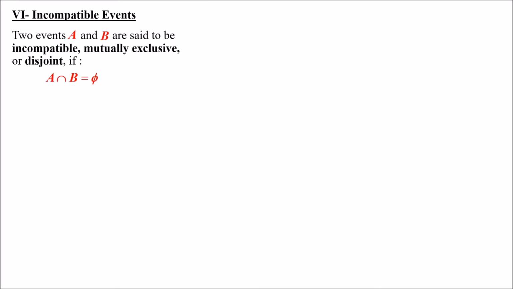Incompatible events. Two events A and B are said to be incompatible, or mutually exclusive, or disjoint, if A intersection B is equal to phi. Here you have to know that these three words are the same, so you might come across any of these, but you should know that incompatible, mutually exclusive, and disjoint are the same.